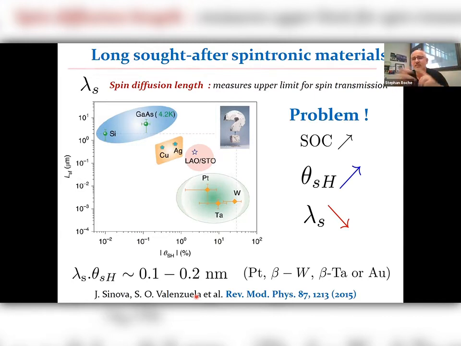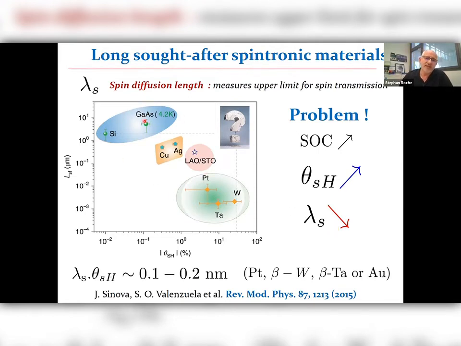The propagation can be very efficient, very long, but at the same moment, locally, you want to rotate the spin and make some kind of device, spin valves, and so on and so forth. But usually when you increase the spin-orbit coupling in this type of materials, you might find an augmentation of the spin Hall angle, but generally you also reduce the spin lifetime and the spin diffusion length, and vice versa.